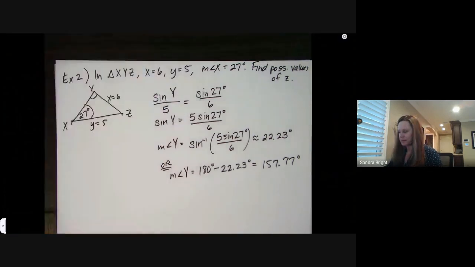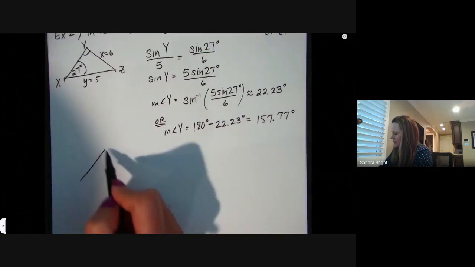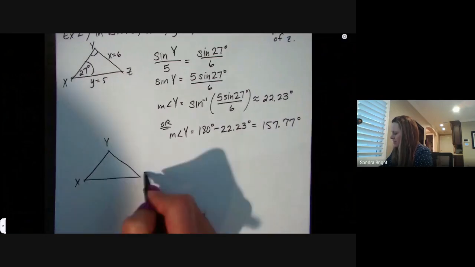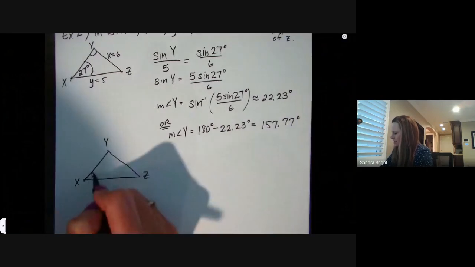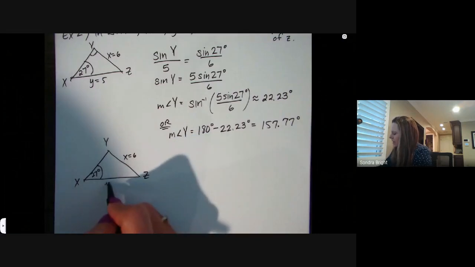All right, so I'm going to draw the two triangles, just because I find it helpful to visualize it. I've got 27 degrees, x is 6, y is 5, and I need to find z.